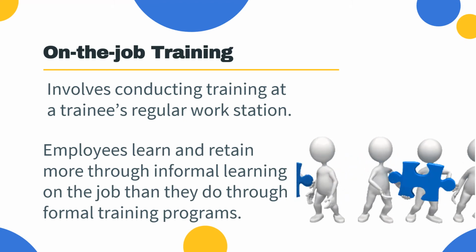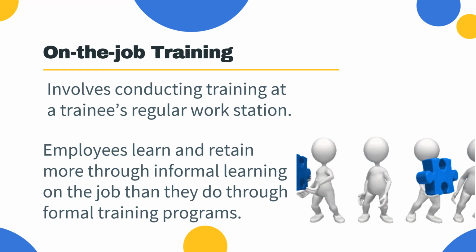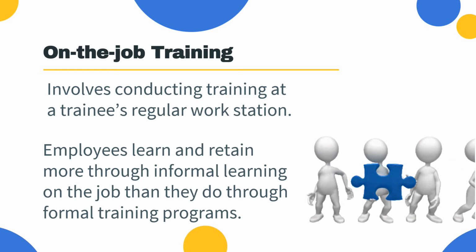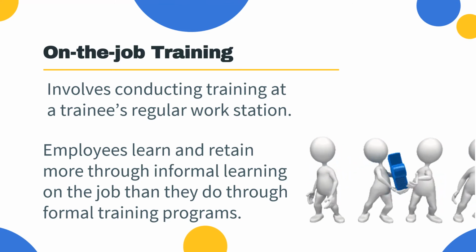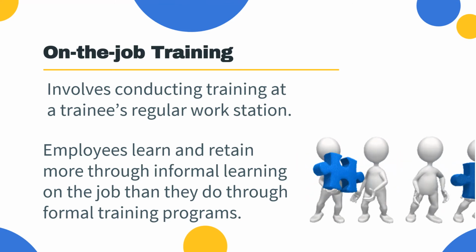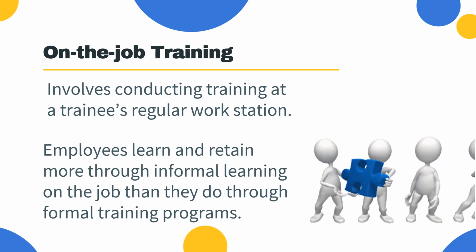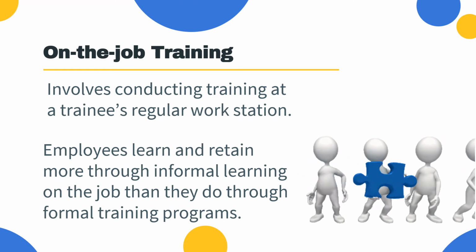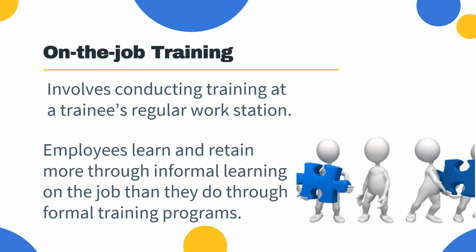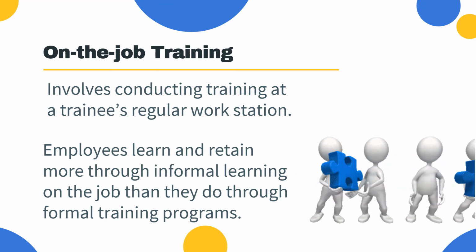Some have argued that employees learn and retain more through informal learning on the job than they do through formal training programs. On-the-job training has been promoted as a means for organizations to deal with shortage of applicants who possess the skills needed to perform many current jobs, and as a means for organizations to deal with accelerating market cycles.